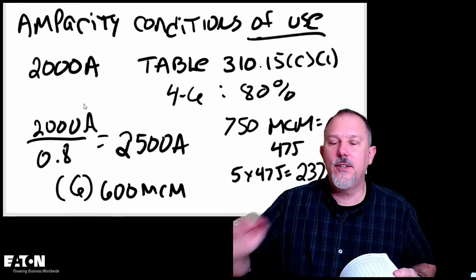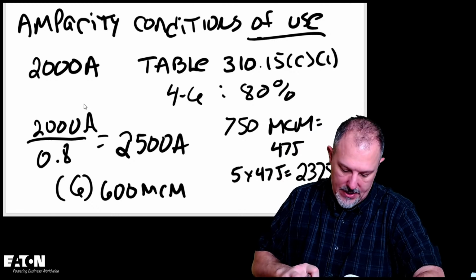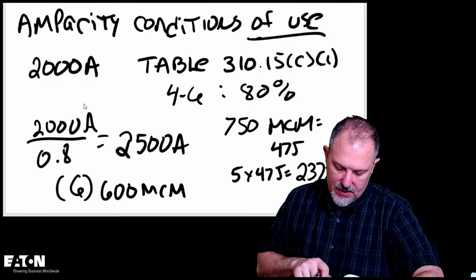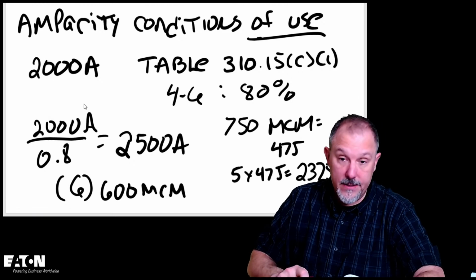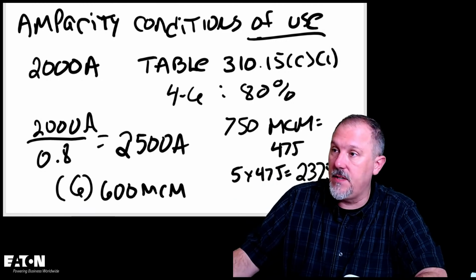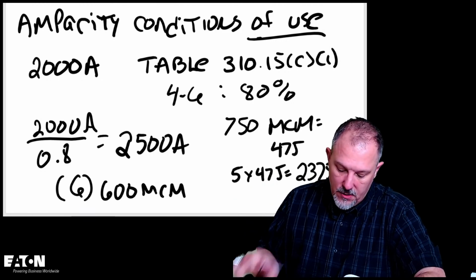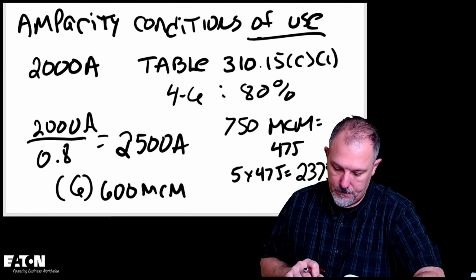So here's what I needed. I needed 2,000 amps. So I need 2,500 amps. So if I do 5 750s, yes, I can do 750s. I don't have to change anything. I can do 750s because if I do the multiplication by the 90 C column, is that right? Yeah.